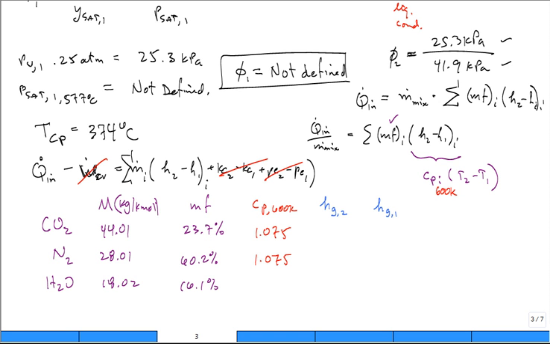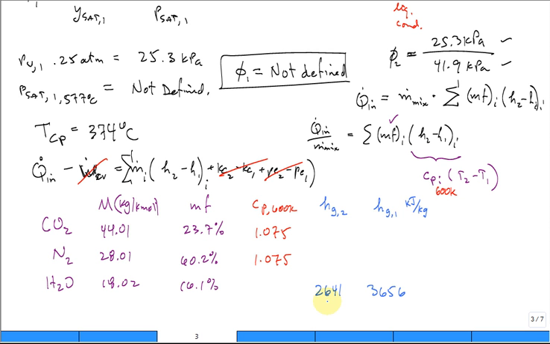Okay, so if you take a look at the h_g coming in, it's 3656, somewhere around there, kilojoules per kilogram. And then for going out at 77 degrees C, it's around 2641 kilojoules per kilogram.